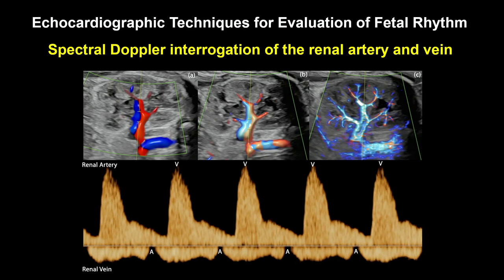This is probably the technique that is the most useful late in the third trimester, and you know that after 30 weeks we have just a flood and tide of referrals because of fetal arrhythmia, consistent usually with ectopic beats. So then the visualization of the heart itself could be very difficult. So here we can utilize the relationship of the renal artery and vein, and we can obtain the trace like that. And again, the principle is the same.